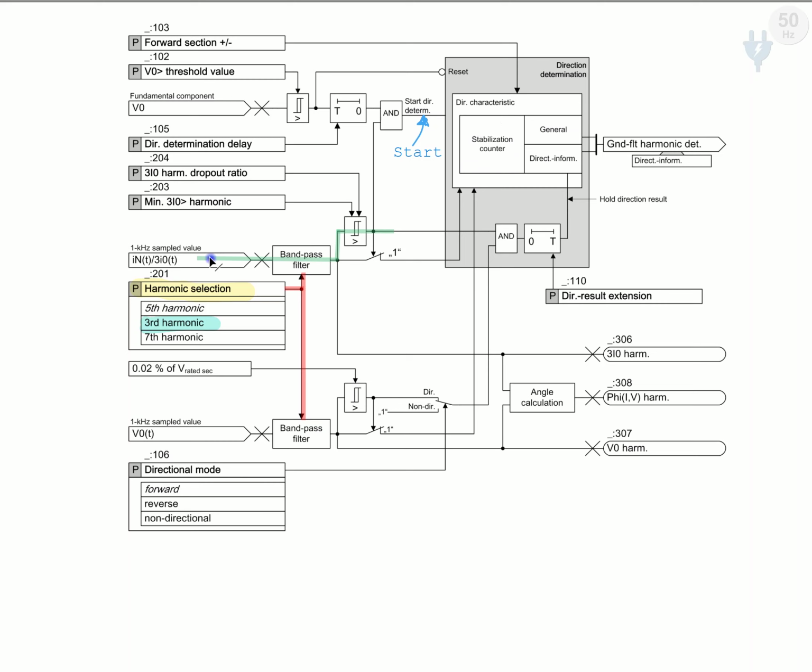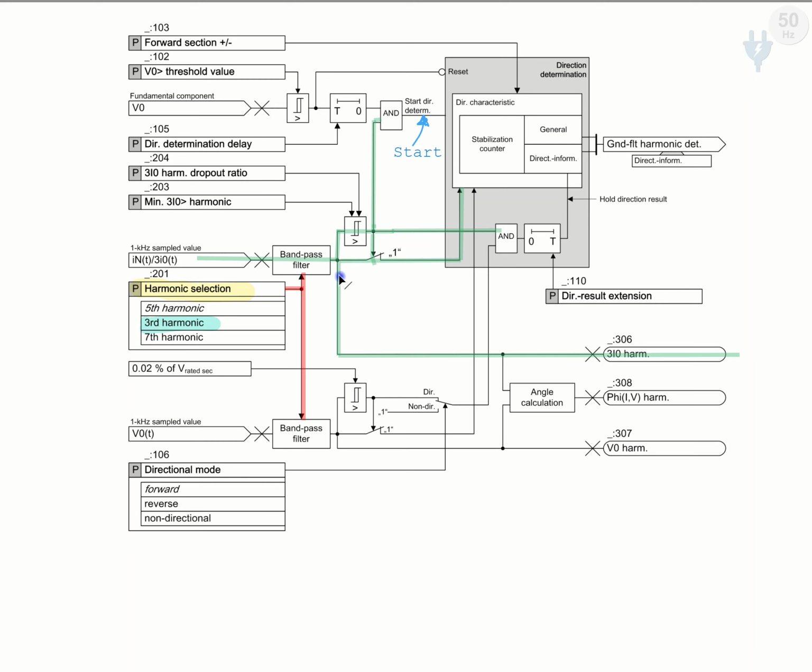An important point is that before the threshold, just after passing the bandpass filter, the signal goes for the angle calculation. So the signal is supplied to the AND gate for start, the main one goes to the direction characteristic, another goes for holding the direction result, and one goes for the angle determination just before passing the minimum threshold.